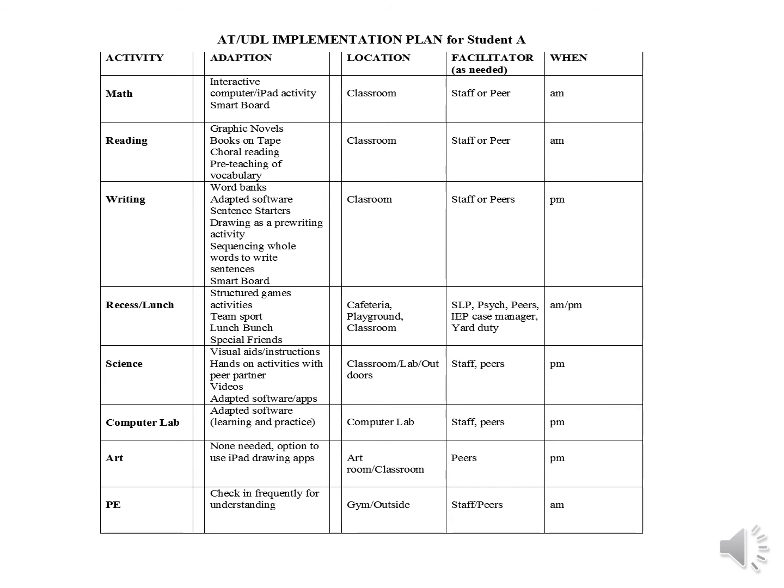And also in graphic novels, the text is usually a little bit simpler, less complex than would be available in the standard novel. This student also is going to have books on tape available. Choral reading is something we might want to use with him, and pre-teaching of vocabulary.